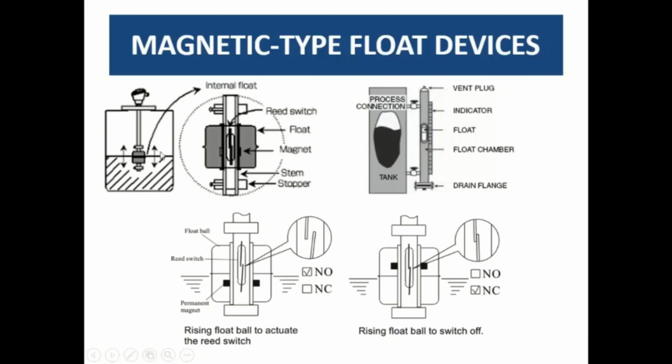They have explained zoom-wise how the internal floating element moves upward and downward within this whole assembly. So this is the main floating element, and the movement of the inner magnet totally depends on how the outer magnet or floating element moves. This is simply the stamp and this is the stopper.